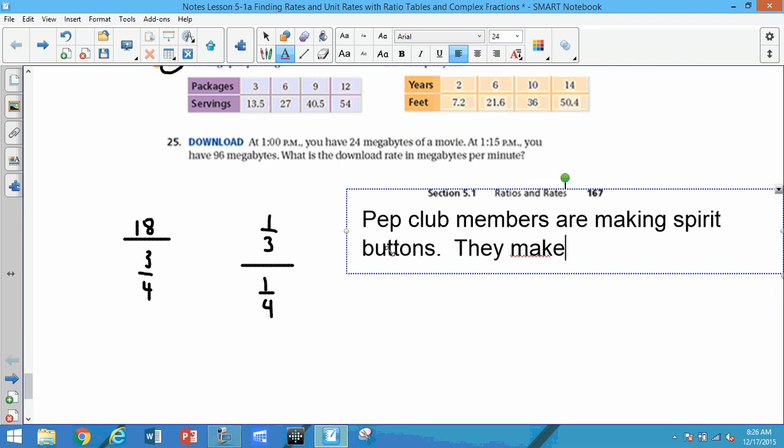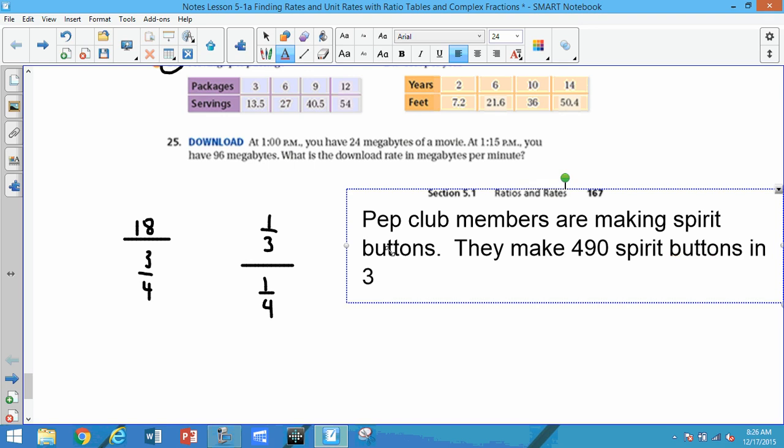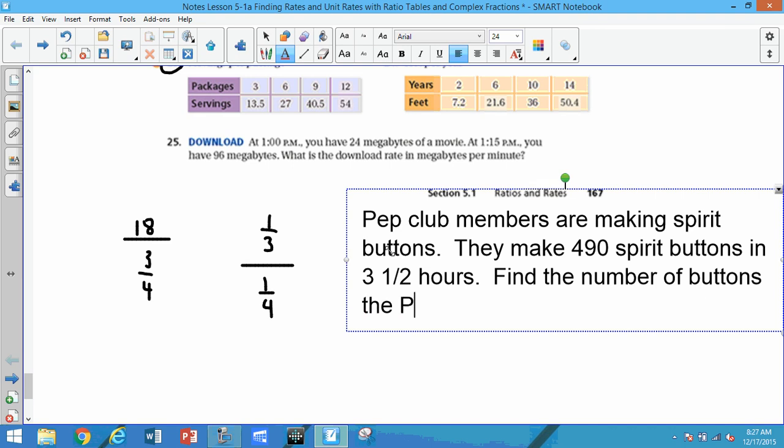They make 490 spirit buttons in 3 1/2 hours. Find the number of buttons the PEP Club can make per hour.